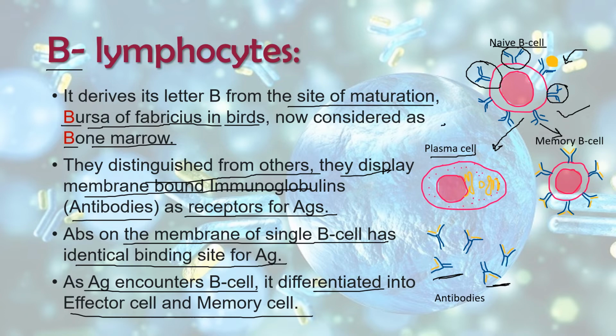This plasma cell has lots of endoplasmic reticulum and Golgi apparatus, because they are in increasing demand of production of antibodies.